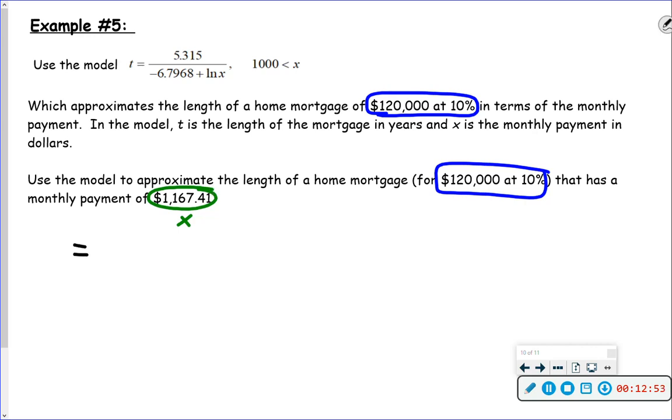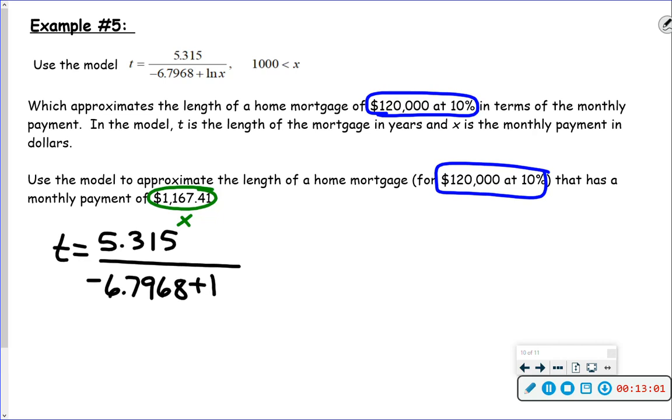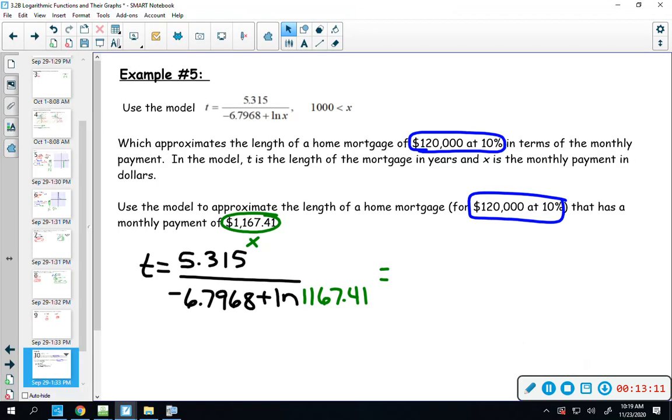So I'm going to have T equals 5.315 over, plus the ln of our monthly payment. For our monthly payment, we're using 1167.41. So all I have to do is type that into my calculator now.